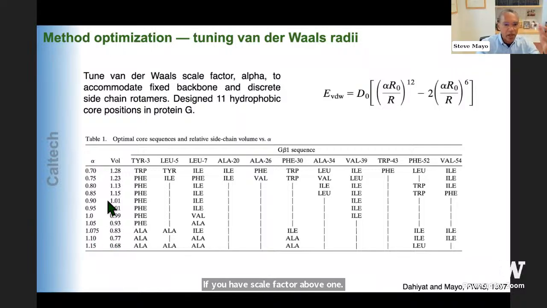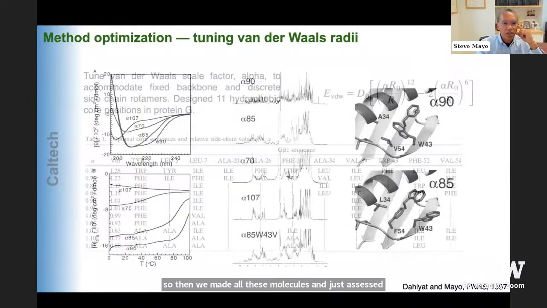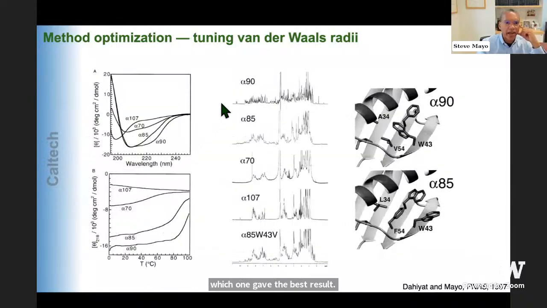And so then we made all these molecules and just assessed which one gave the best result. In this case, using a scale factor of 0.9 yielded a protein that had a far UV CD spectrum indistinguishable from wild type protein G, and a thermal unfolding curve showing actually a more stable protein.